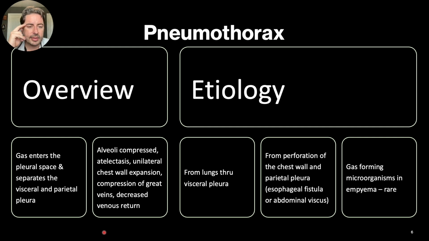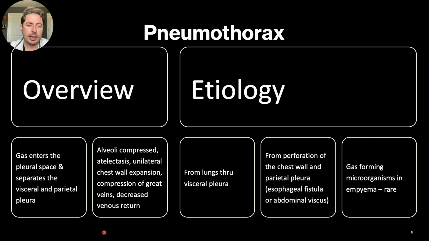All the air that I'm breathing in should stay within my system of my lungs. But if I have a puncture in my lung parenchyma, that will lead to air escaping the lungs in that circuit and moving into the pleural space.